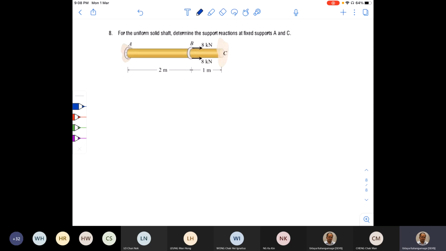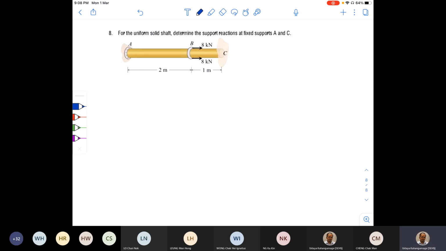It says, for the uniform solid shaft, determine the support reactions at fixed supports A and C. First we are going to remove one of the supports and replace it with a reaction force. We get a free body diagram for the system by replacing one of the supports.